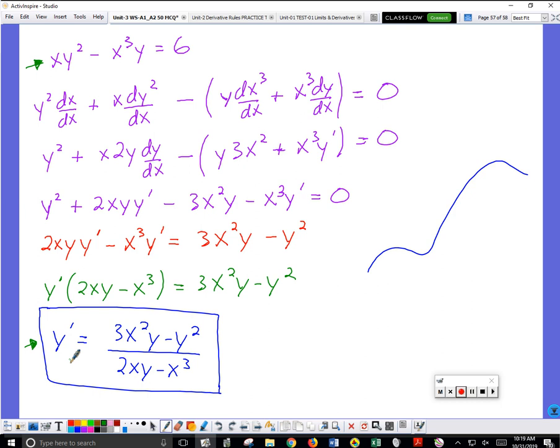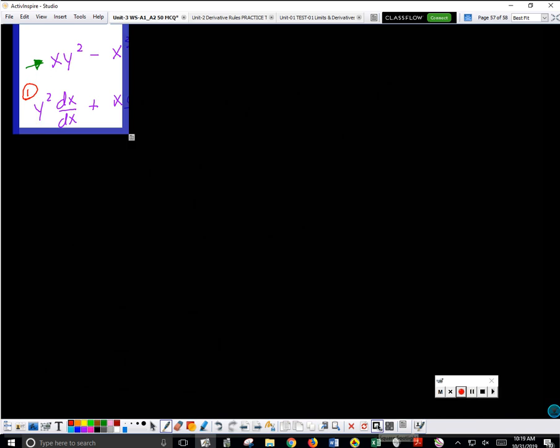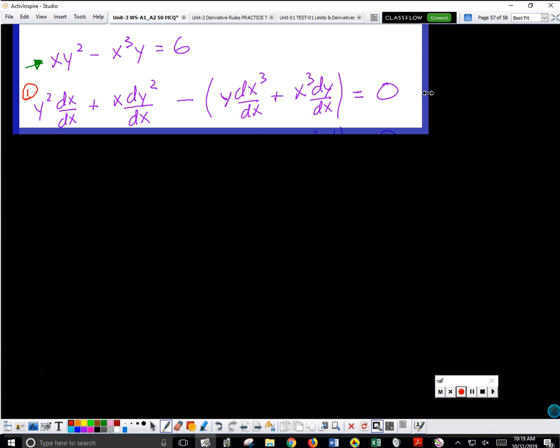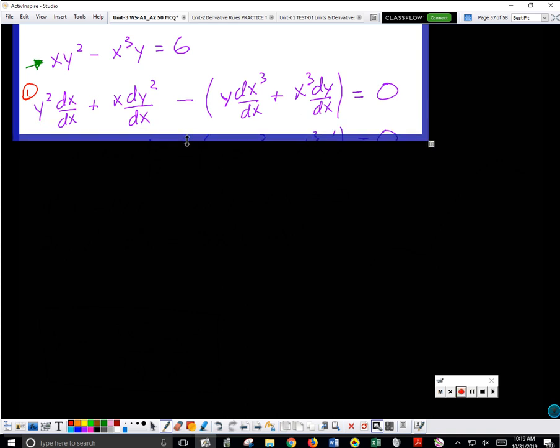Okay, so let's go through this. You're going to need this in your notes. Step 1, you take the derivative of both sides. Let's cover up this so it's not so overwhelming. So this is not new again. This is exactly what you did on the test. When I take the derivative of both sides, I'm going to use the add-subtract property and then the product rule.